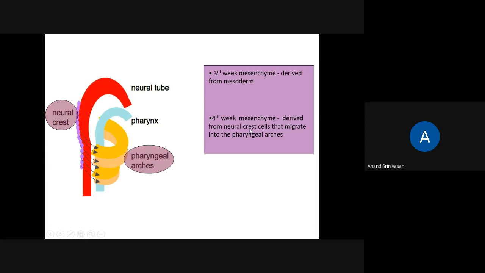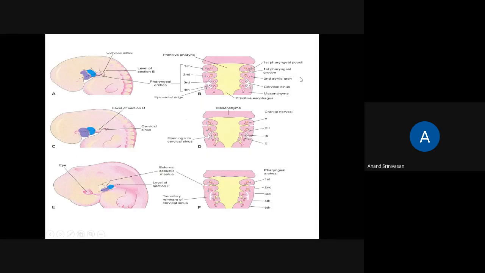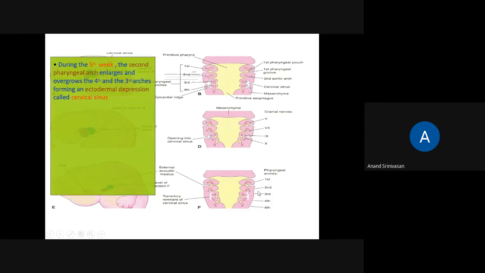Some of them originate from neural crest cells as well, which migrate. From the second to the sixth pharyngeal arch, they extend and make the neck smooth. Initially there is a small gap, but later on it disappears.